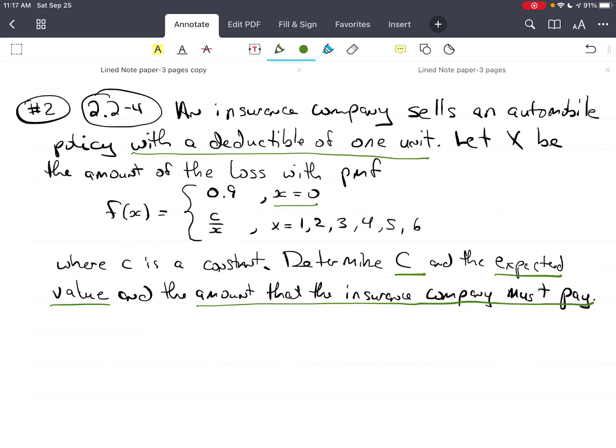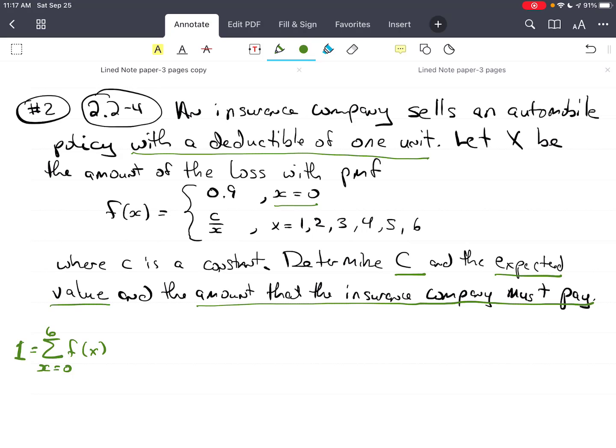All right. So let's find the first part, which is the value of this constant c that makes f of x a PMF. So what we have is the sum of f of x from x equals 0 to x equals 6 must be equal to 1. Now, I had a professor who really didn't like us putting the 1 to the left.